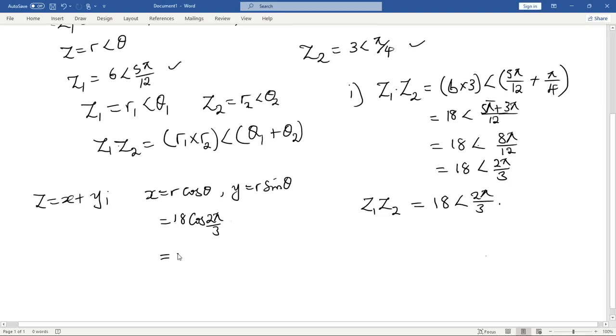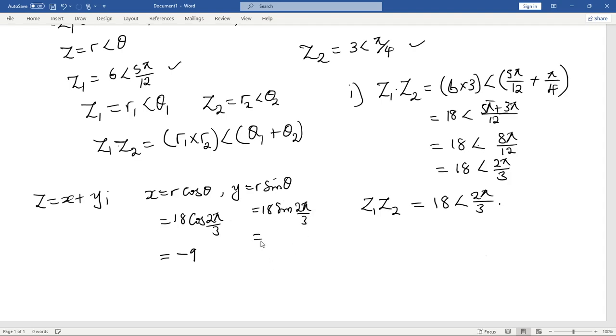Okay, so here we get negative 9 like this. Then we also get the value for y this side here. So we have 18 sine 2 pi over 3 like this.